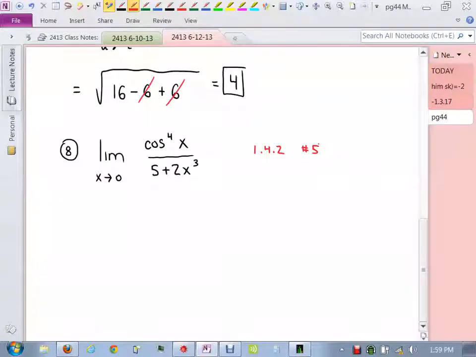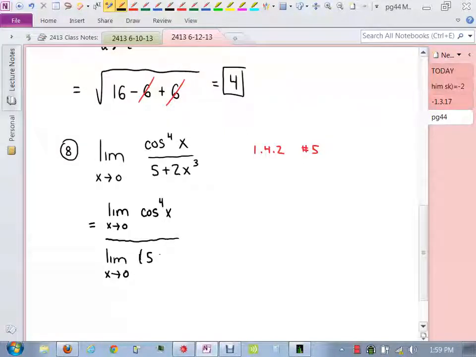It says I can split this into two limits, one limit on top, one limit on the bottom. So technically what I'm doing is the limit as x approaches 0 of the numerator, divided by the limit as x approaches 0 of 5 plus 2x cubed.